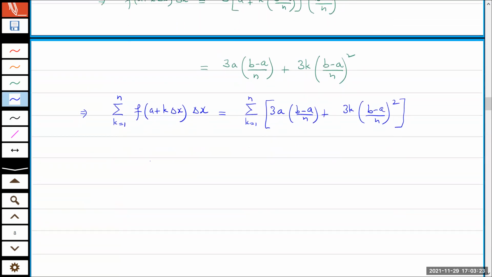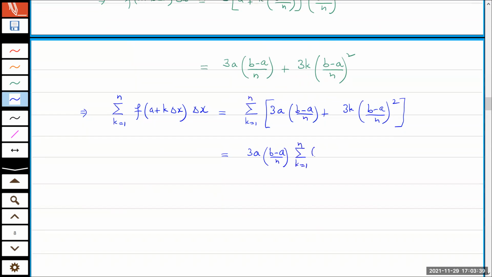I apply the summation on every term separately. And remember, the summation is on k. This is 3a times b minus a over n. There is no k in it. I am left with the summation of only 1, plus 3 times b minus a over n squared times the summation from k equals 1 to n. I do have a k in my second term.